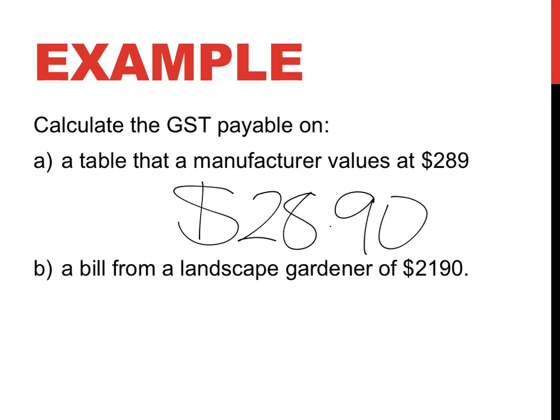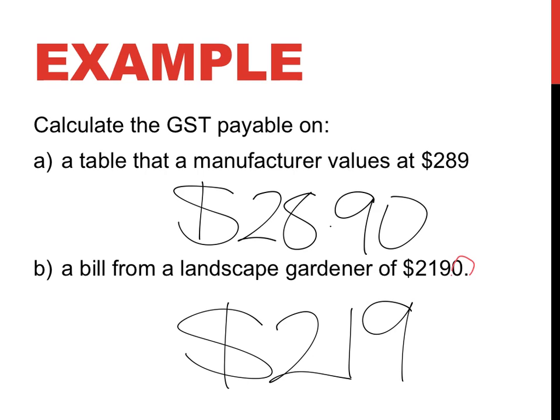We've been doing this for weeks. Awesome. A bill from a landscaper gardener. If he's charged us $2,190, what was the original amount before GST? Well, what's 10% of 2,190? Move the decimal spot 1 point, and my answer is $219. Look at how easy this is.